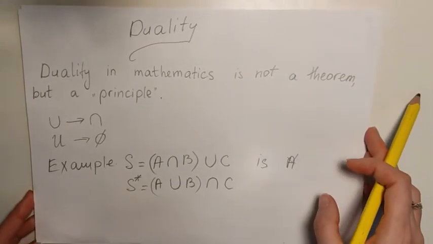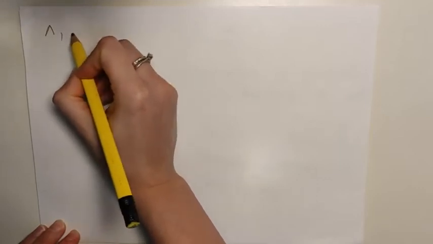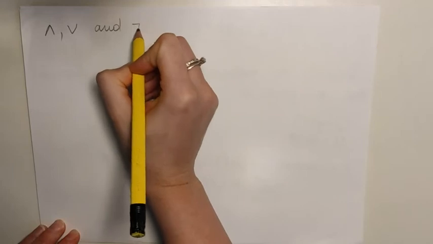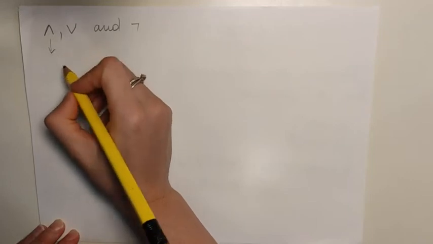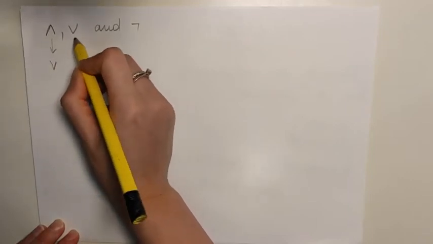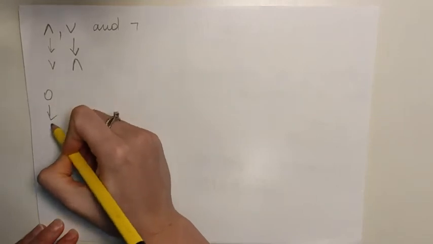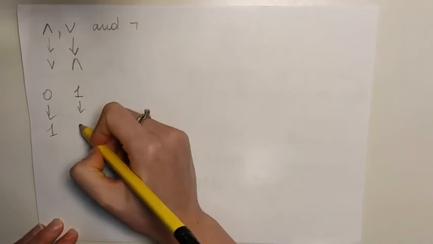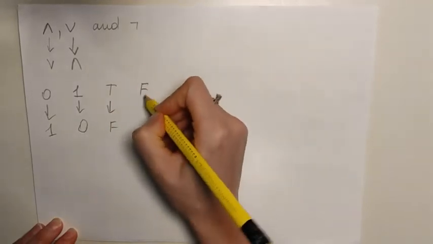But what about the compound proposition? The dual of a compound proposition that contains only logical operators, for example, and, or, and negation, is a compound proposition obtained by replacing and by or, and replacing or by and, replacing 0 by 1, replacing 1 by 0, also true by false, false by true.